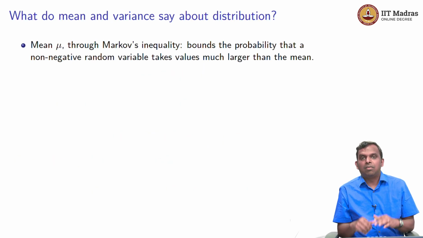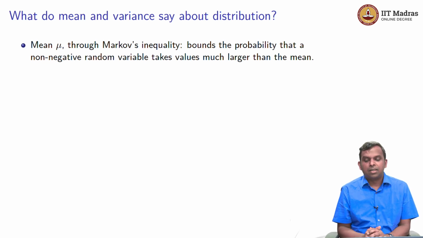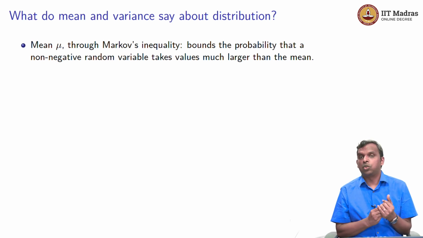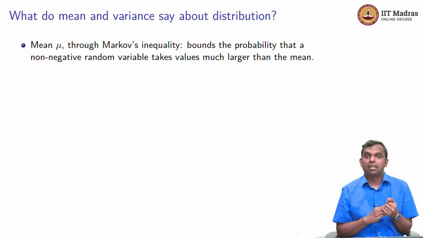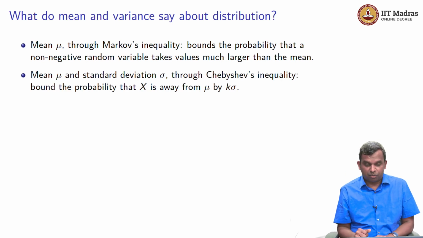Let me conclude this little lecture by talking about what mean and variance say about the distribution. Clearly, by Markov's inequality, the mean itself can be used to bound how far a non-negative random variable can be above its mean, as we have seen.